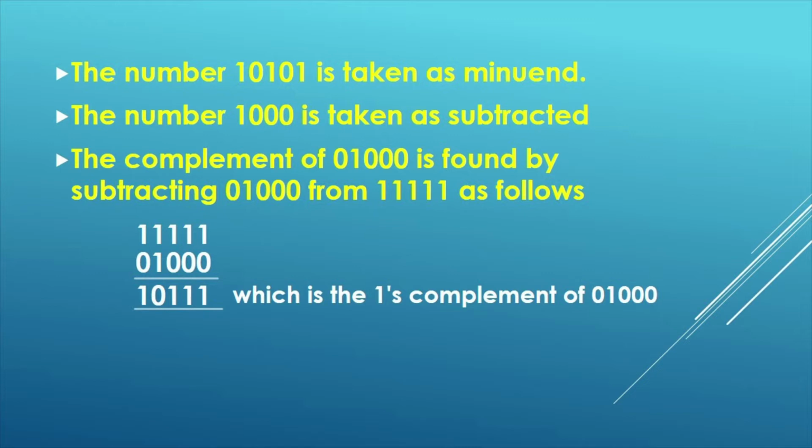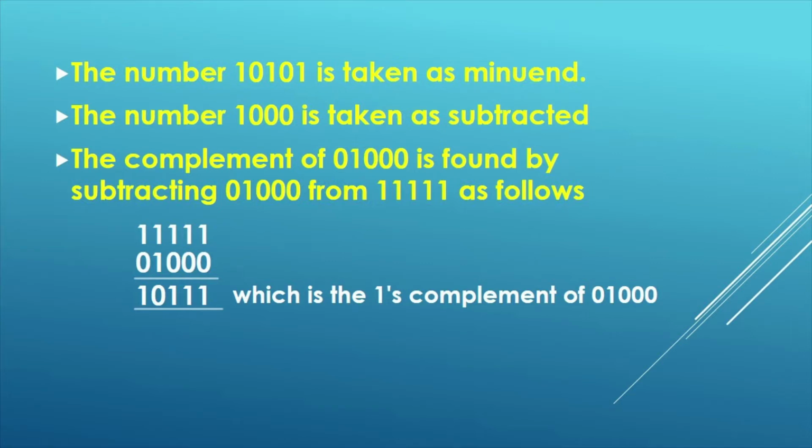We subtract the number, that is 1000, from 11111. I've shown the method below, which shows 11111 minus 01000, and the complement comes as 10111. So this complement must be added with the minuend, which is 10101.